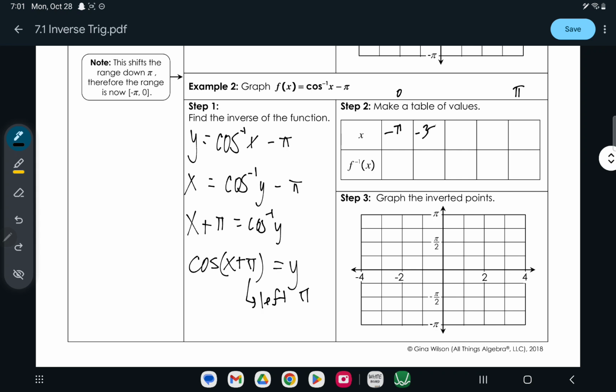So pi over 4, negative pi over 2, negative pi over 4, and 0. And then let's get the values. All right, so negative pi would be going around, because this would be 0, pi over 2, pi, 3 pi over 2.